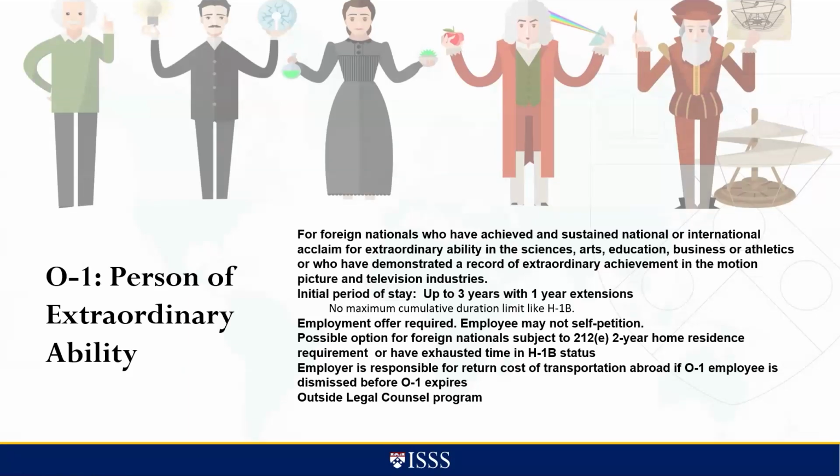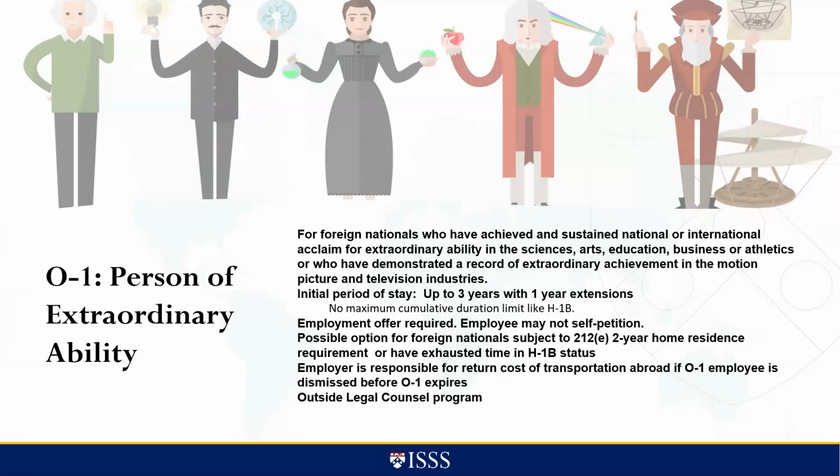Okay, so next one is O1. O1 is for people of extraordinary ability. I just mentioned that more and more people consider TN because of the H-1B $100,000 policy. And O1 is another category a lot of departments start to consider because of the $100,000 policy.